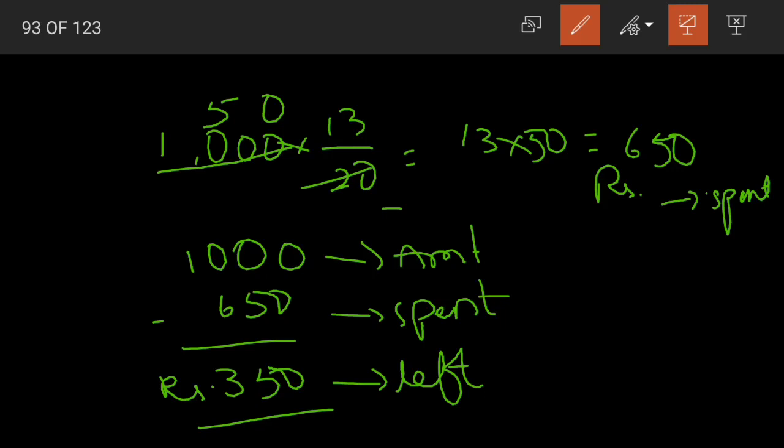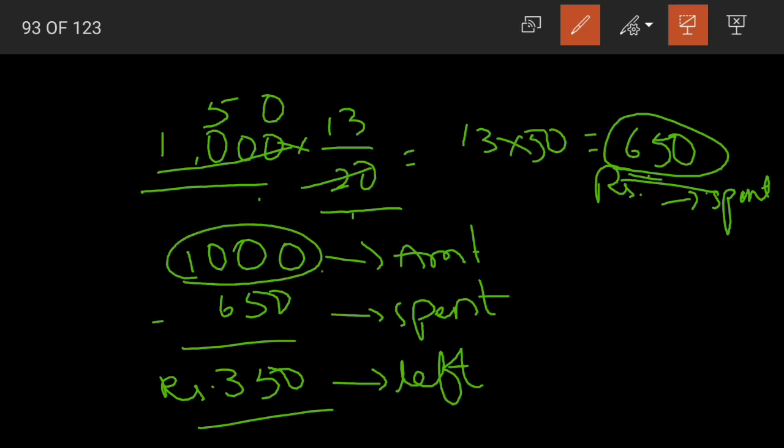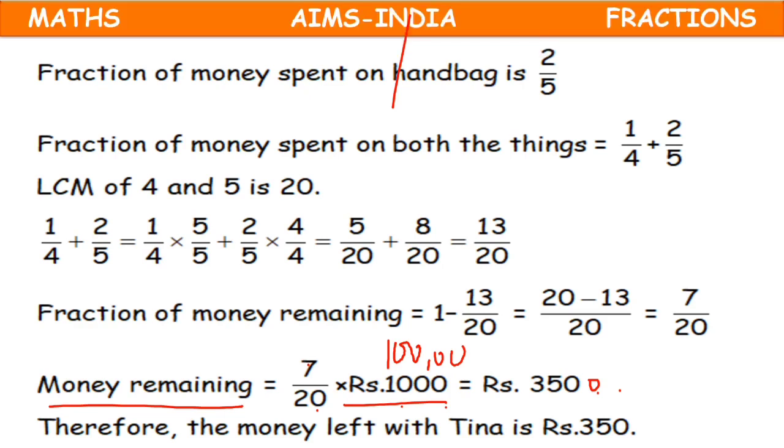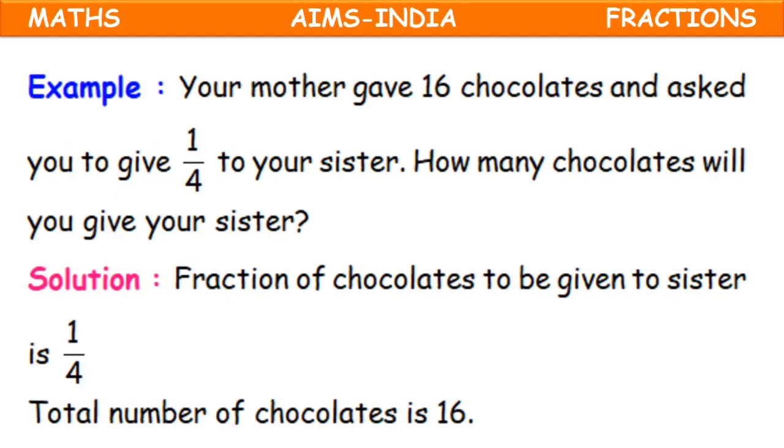These are the two ways of solving this problem. You can multiply the fraction of amount spent by the total amount to get the amount spent, and if we subtract it from the total amount 1000, we get 350 rupees. That is the amount left with her after buying a dress and a bag.